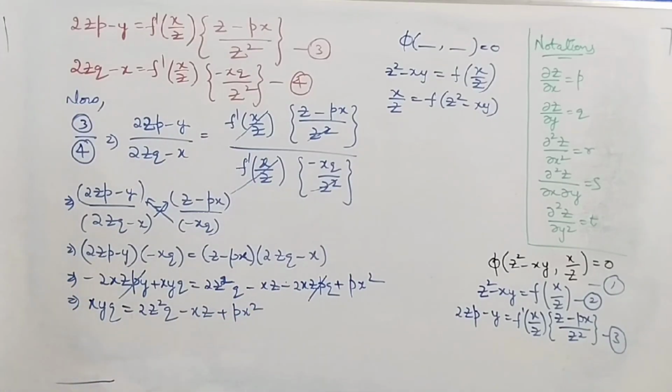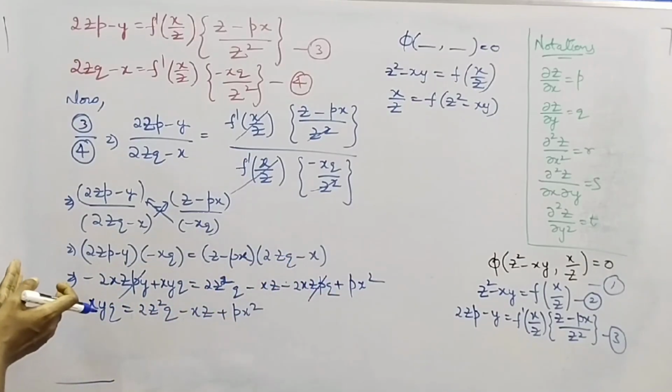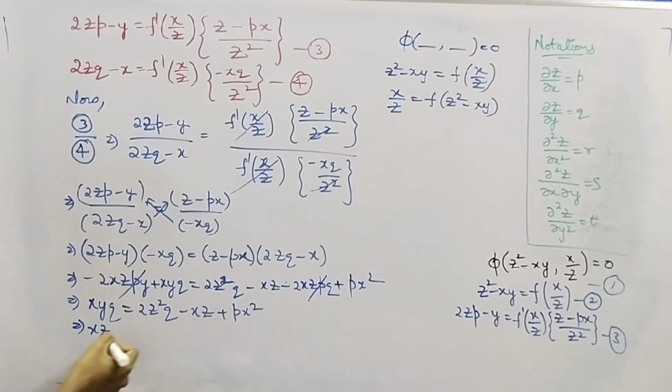Okay, now write the terms that involve p and q. Here you're having a negative, minus 2z, right? We can bring this term to LHS so that you'll get all the terms that involve p and q in RHS and the terms that do not involve p and q in LHS. Since we are having minus here, we are bringing it to LHS.